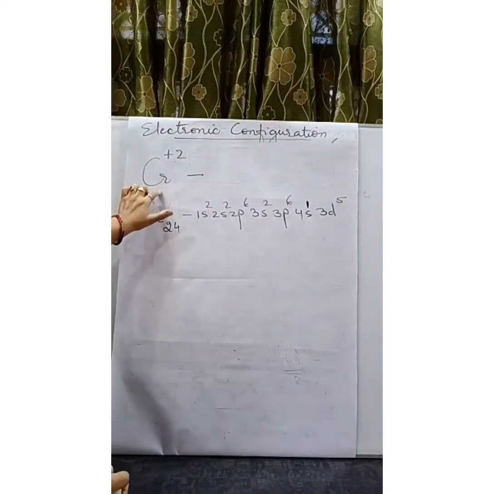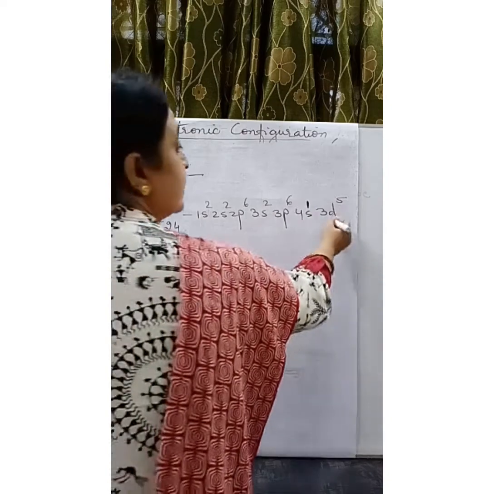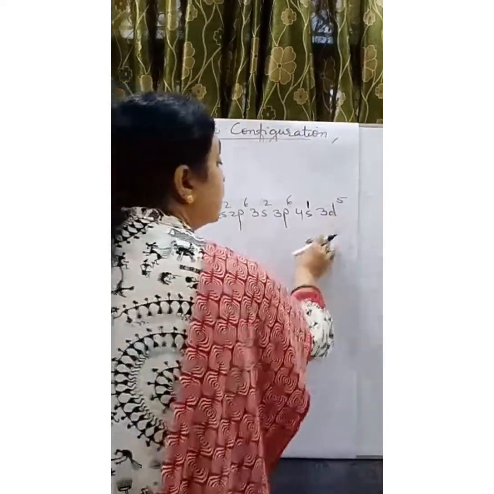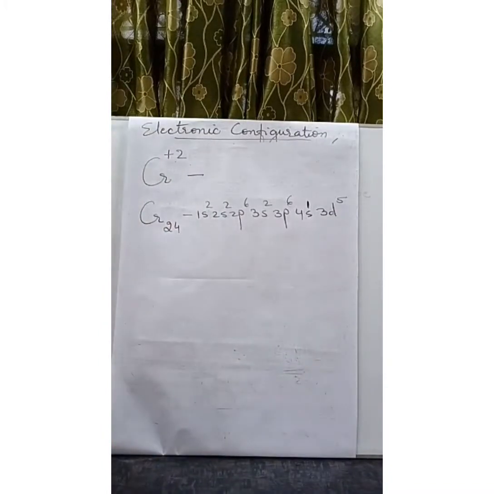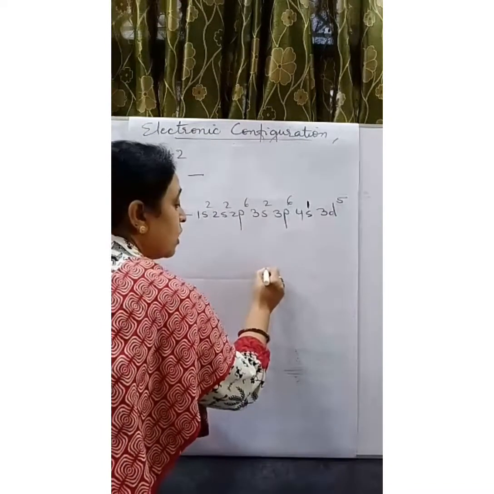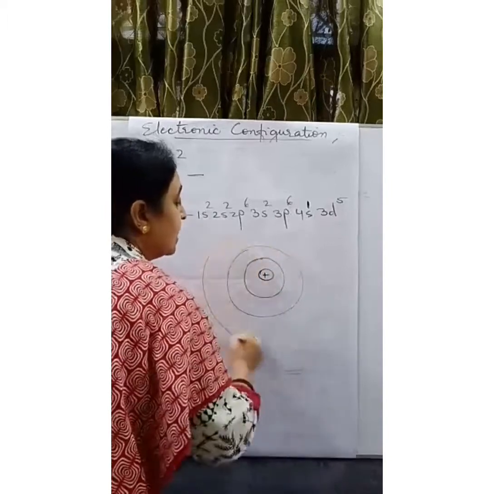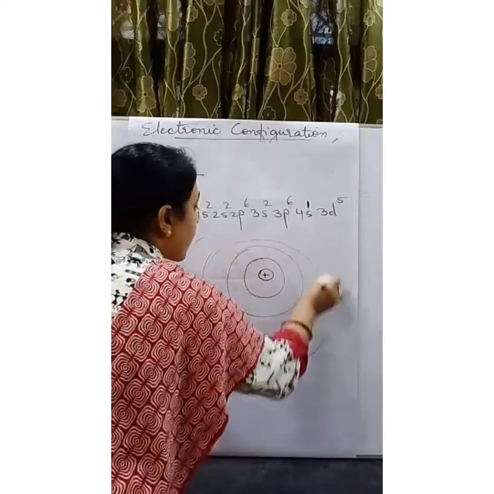Now if we want plus 2, it means there is loss of 2 electrons. Now what is written at the outside is not your valence electron. Electrons are always lost from the valence orbital. If I draw, this is the nucleus, this is the first shell, second shell, third shell and fourth shell.